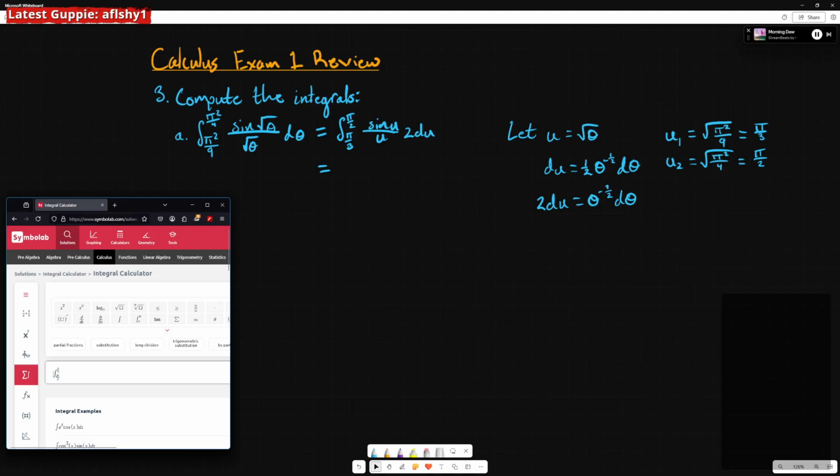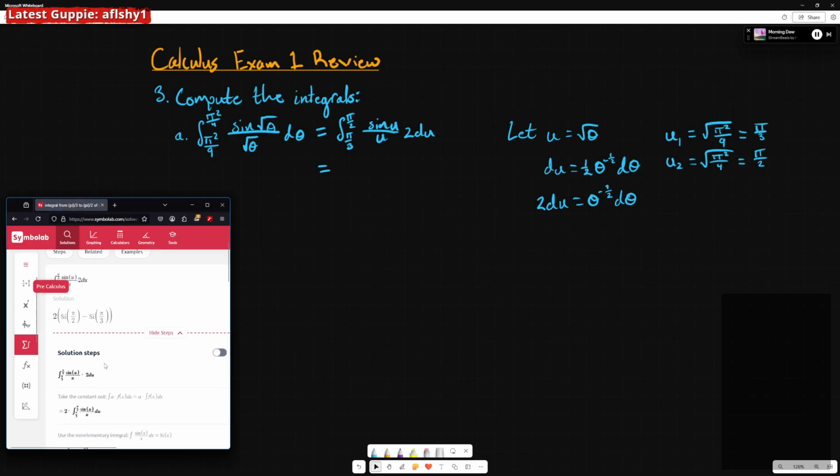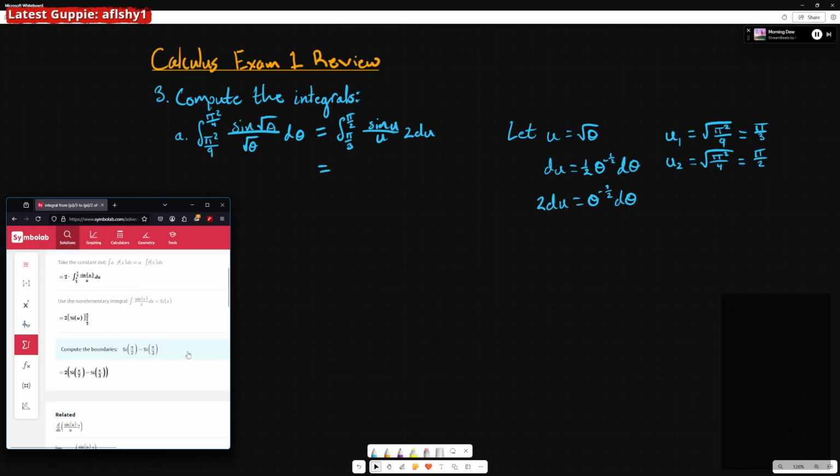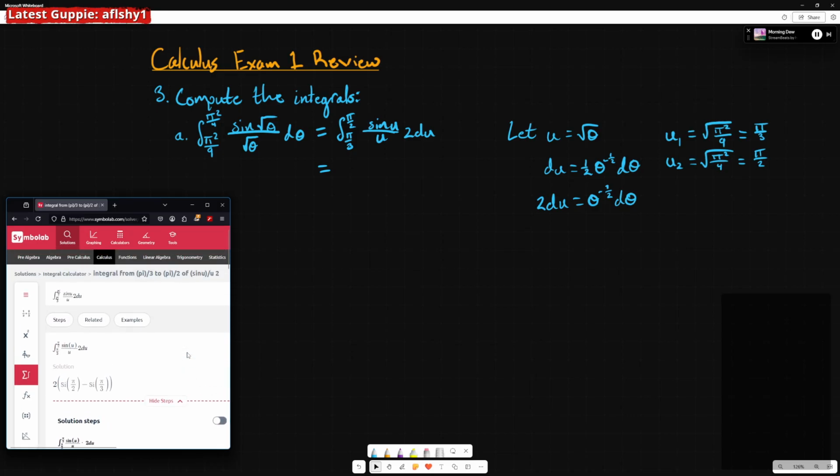Pi over 3, pi over 2, sine of u over u to the u. Right, that's not solving the same thing.